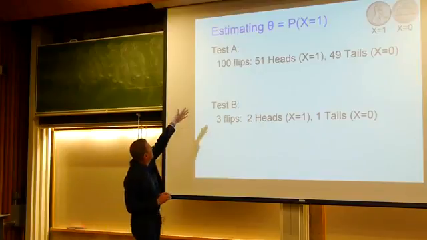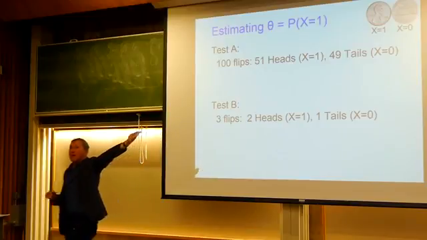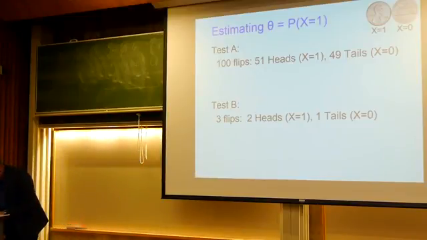on 2 cases. First, it turns out in elevator ride number 1, I flipped my coin 100 times. We have 51 heads. So alpha 1 is 51, 49 alpha 0s. Alpha 1 over alpha 1 plus alpha 0 is 51 out of, well, the sum is 100. So that implies the probability that x equals 1 is, I guess, 0.51.